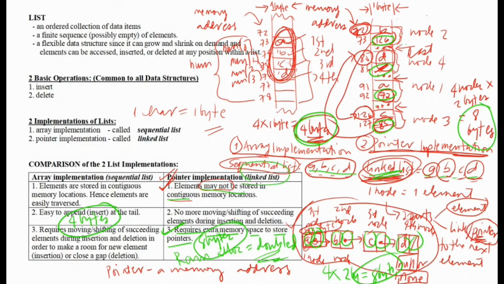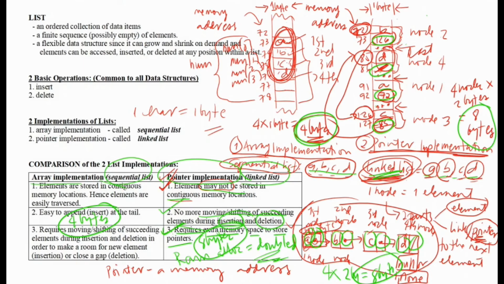linked list or pointer implementation over array implementation or sequential list is the second point: no more moving or shifting of succeeding elements during insertion and deletion. Why is that? You don't need to move elements anymore.